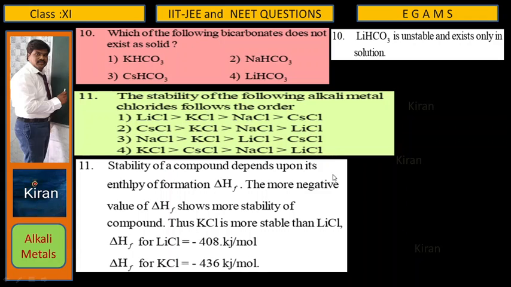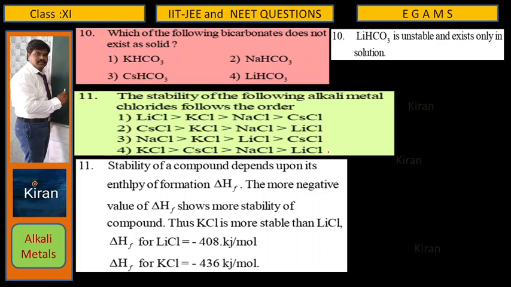Thus potassium chloride is more stable than lithium chloride, because delta H of lithium chloride is minus 408 kilojoule per mole and delta H of KCl is minus 436 kilojoule per mole. So for question number 11, the fourth one is the right option.